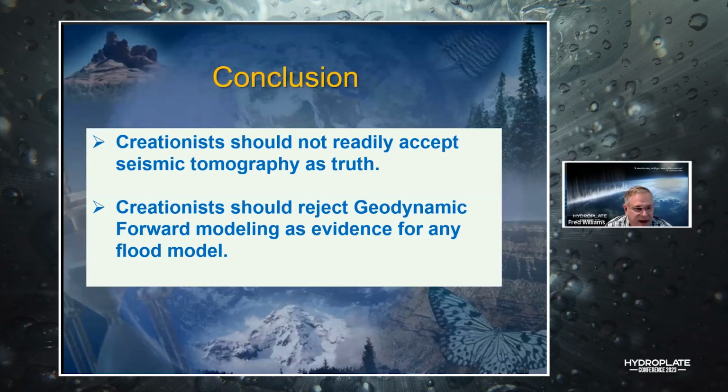And I hate to be so almost dramatic in my statements, but we need to stop using this as evidence for any flood model. Geodynamic forward modeling has way too many assumptions and problems to lead to those kinds of conclusions. It's way oversold. So that's the end of my talk.